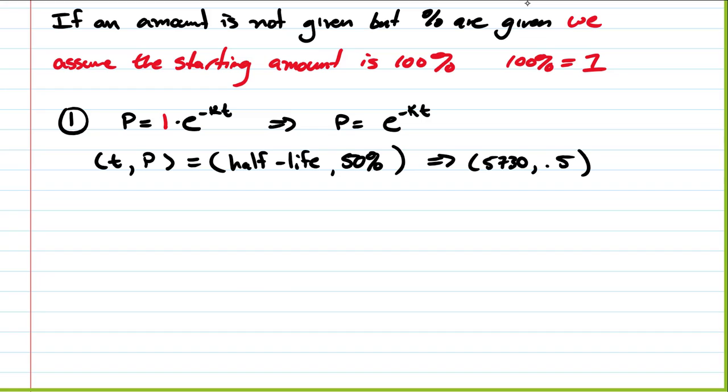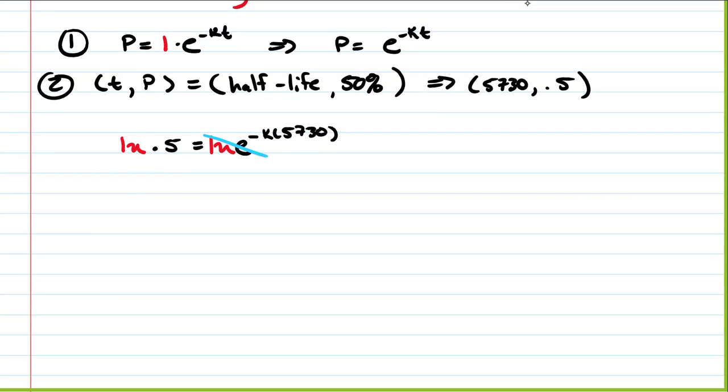We put this into our equation, and we would have 0.5 is equal to e to the negative k times 5,730. So then, to solve for our exponential, which is already isolated, we use the natural logarithm. The e and the ln undo each other.